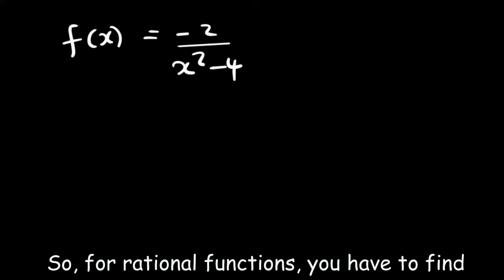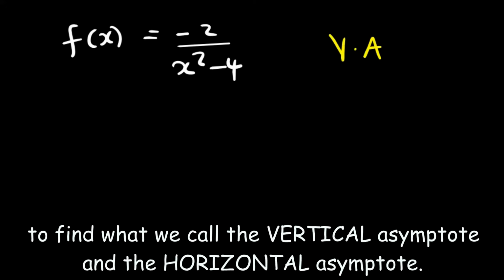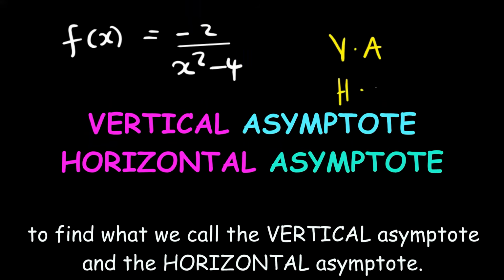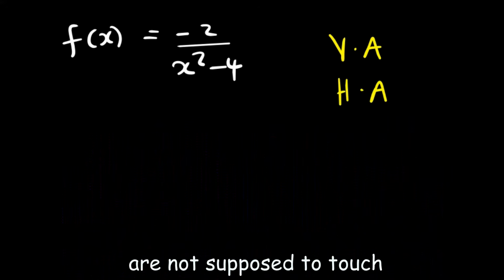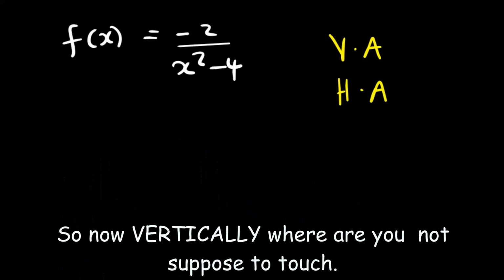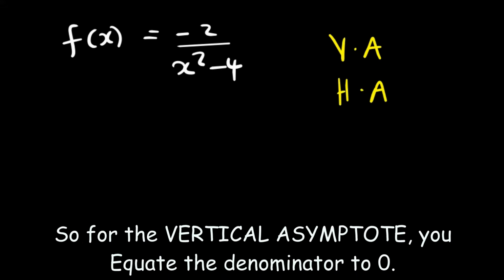For a rational function, you have to find what we call the vertical asymptote and the horizontal asymptote. An asymptote is that part on the graph where you're not supposed to touch. So vertically, where are you not supposed to touch? For the vertical asymptote, you equate the denominator to 0.